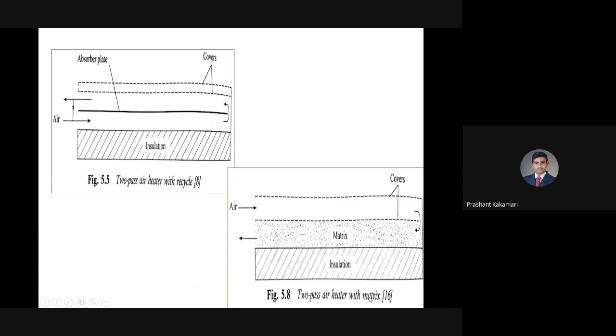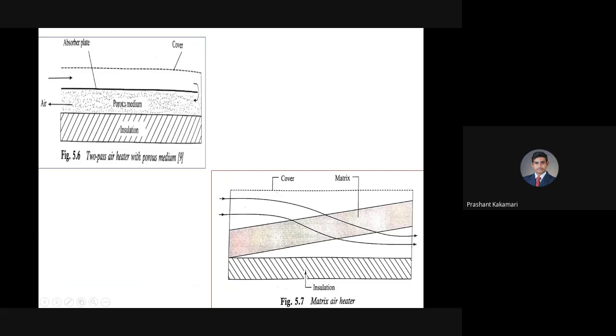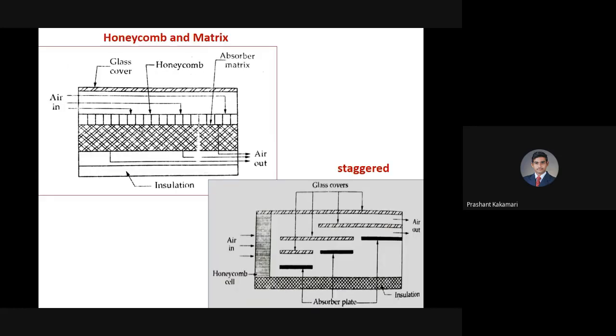Then we discussed the matrix and porous type of metal matrix, where reflection and refraction can be increased so that absorption by the metal can be reduced by this porous or matrix medium. Then we discussed the combination of honeycomb and matrix structures, with fins and honeycomb or matrix structure.